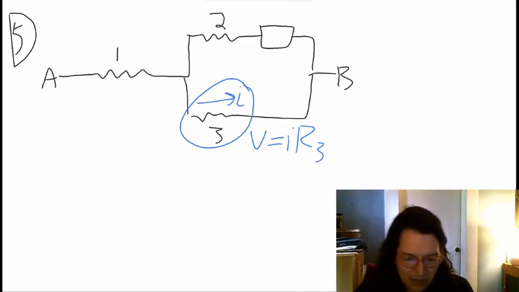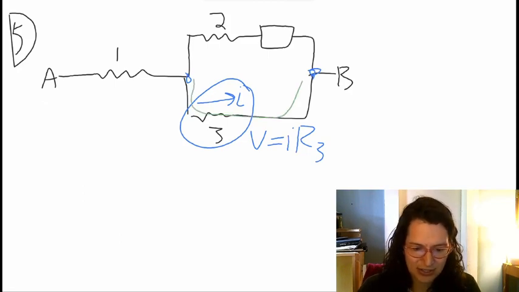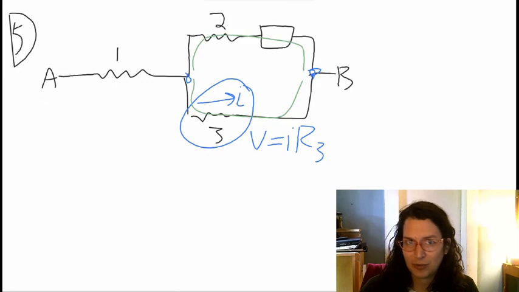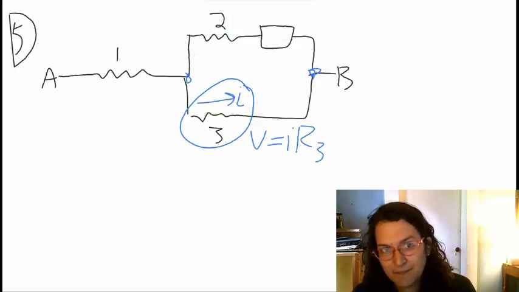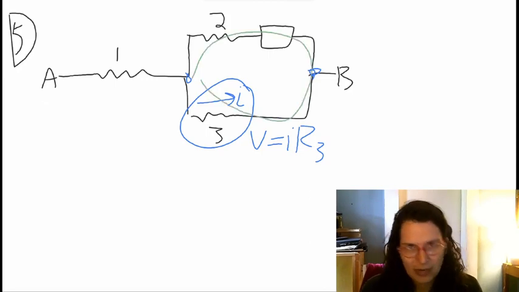Why does that voltage matter to me? Well, notice that I have a parallel split here. So this side is in parallel to this side. And remember, a rule for a parallel split is that the voltage has to be the same on each side. Another way of looking at this is I could do a loop rule, and when I do a loop rule, I would get that parallel split out.